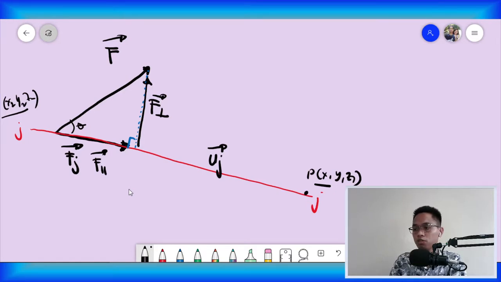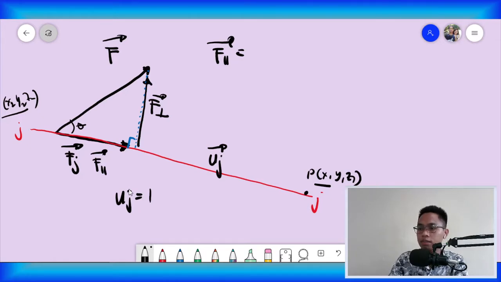Now if you are going to get the magnitude of this, the unit vector's magnitude is just equal to 1. So to get the force, F parallel, that would simply be the magnitude of F times cosine theta, since it is adjacent.